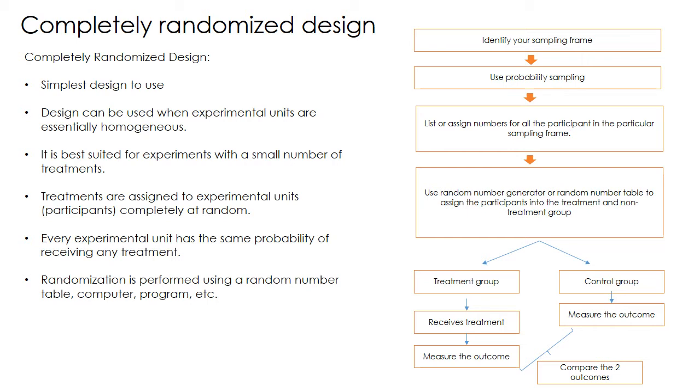And then the participants are randomly assigned into treatment or not receiving treatment, and both of them have equal probability to be in either group. That means every individual in the sample that we have selected has a chance to be in the treatment or control group. So it is like they have equal chances, like 50-50, to be in the treatment or control group.